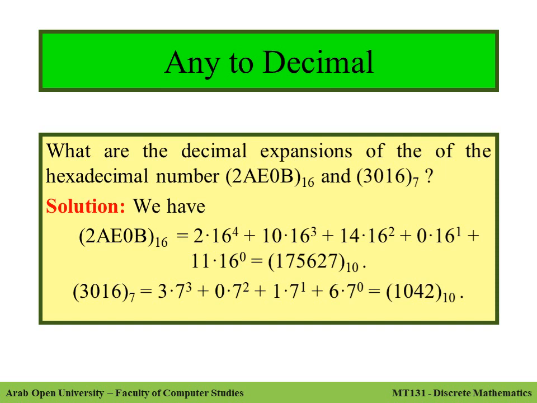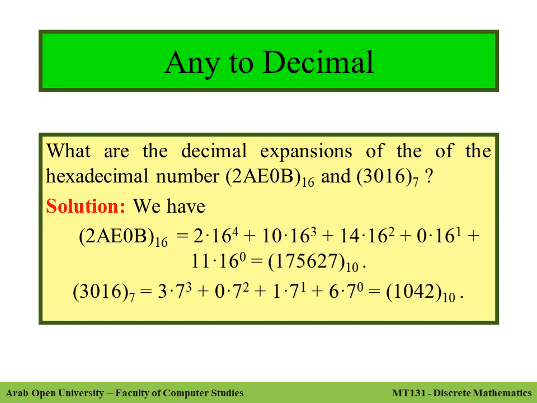If you do the calculations, you should get 175,627, and that's the number in base 10. The number we started with in base 16 is equivalent to 175,627 in base 10. The second problem is base 7, so we're multiplying now by powers of 7.